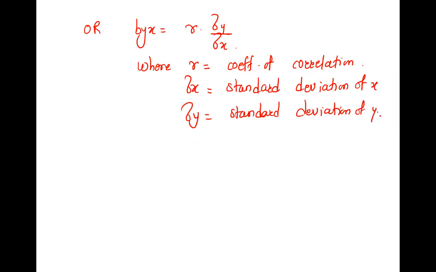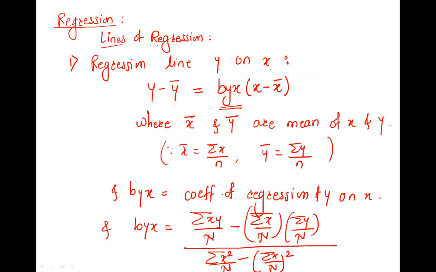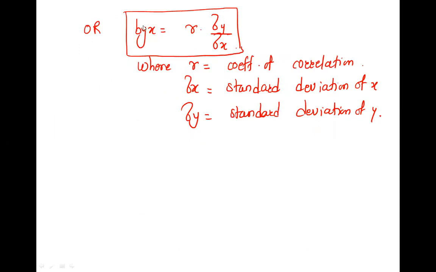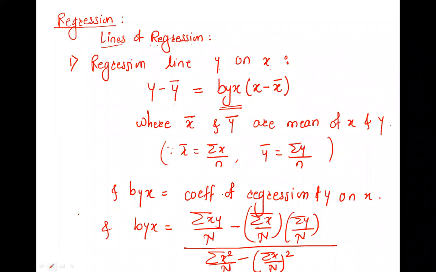Okay. So you can define byx either like this or like this. Generally we use the formula r into sigma y by sigma x. The formula can also be asked in an MCQ.